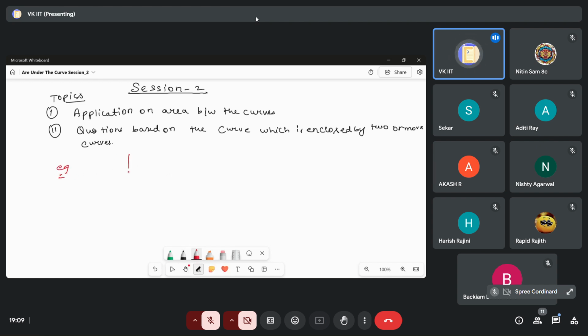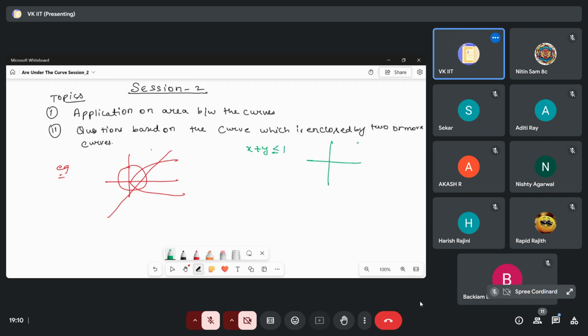Okay, suppose that the diagram is like this. One circle is given, one parabola is given, and then they are saying that one line is also given, and then they are saying find the area that is enclosed by them. But in this case, you might be observing that either less than or greater than sign will be used, right? Because to represent the area in the open geometries, what do you present? That is like x plus y is less than equal to 1.